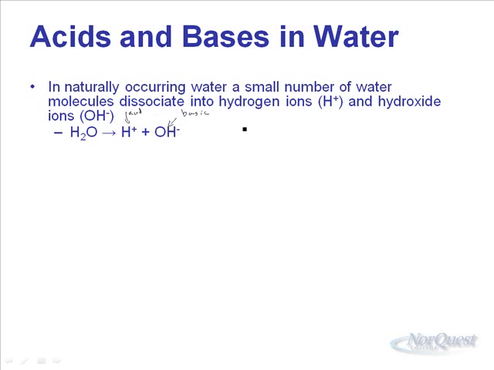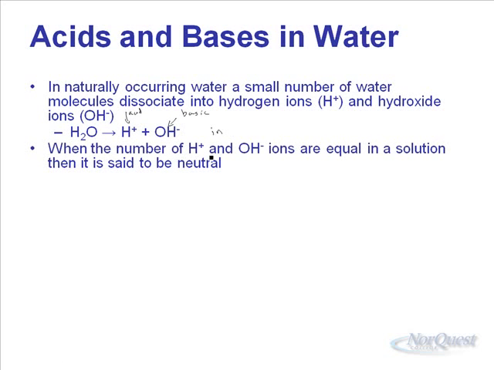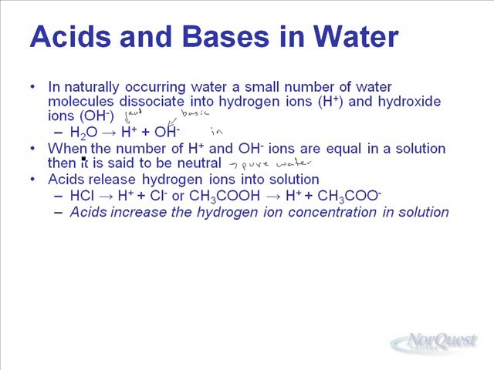So a very small number of these water molecules break apart into their constituent ions. Now, because there's an equal number of each, water is neutral. So when the number of hydrogen and hydroxide ions are equal, the solution is said to be neutral. An example would be pure water: even though it makes both of these ions, since there's an equal amount of each, it's a neutral substance.